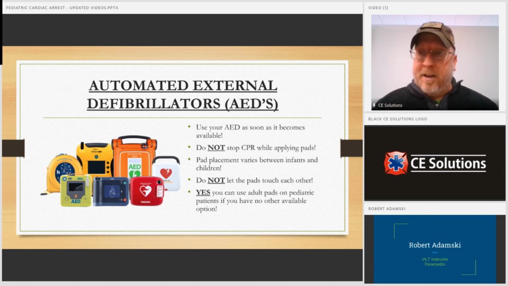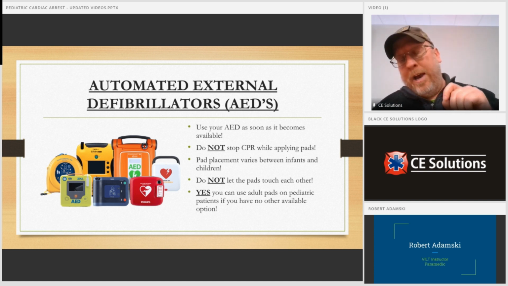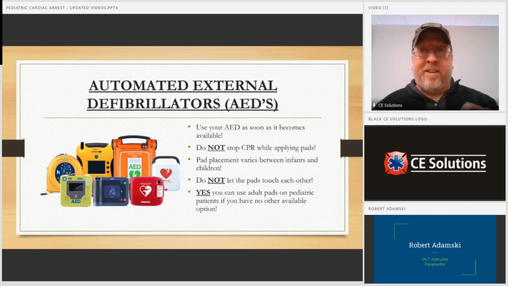If those pads are touching each other, that's no bueno. That's not going to work, because the AED will not work properly. You run the risk that the electricity could arc and burn the patient, harm first responders, or it just won't work effectively. It won't terminate that lethal heart rhythm. So make sure you don't let your pads touch.